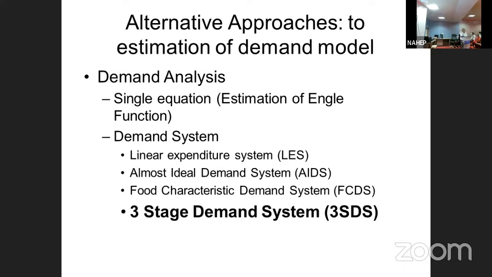For pulses it is quite high, for milk it is quite high, for vegetables and fruits they are quite high. But whenever you make a projection, keep in mind to assume that elasticity will decline by 25% by 2050, and may decline a further 25% by the end of the century, and so on.